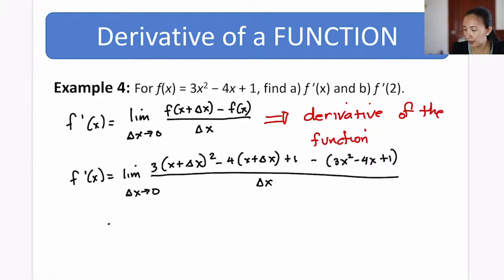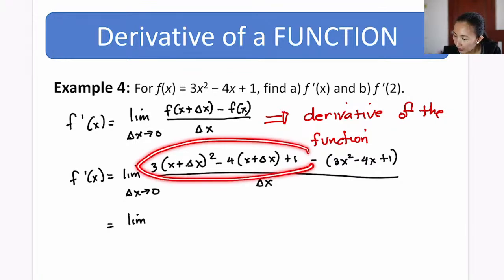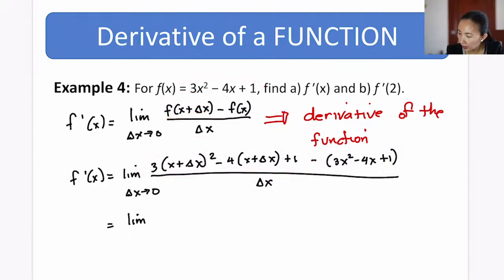Okay? What will this be? Saan galing ito? Saan galing ito? Yan. Okay? At saan naman galing dito sa original function? Sulat natin.